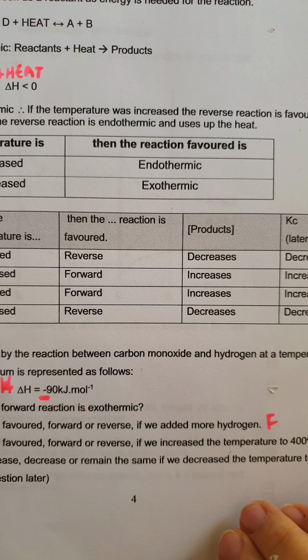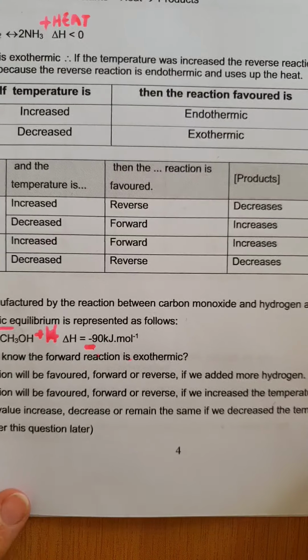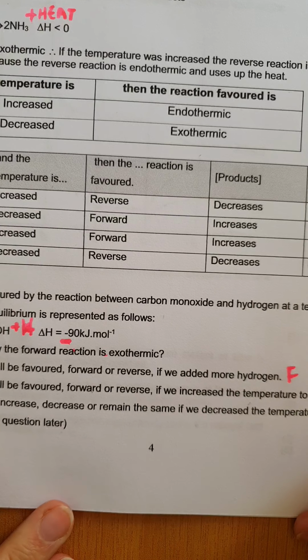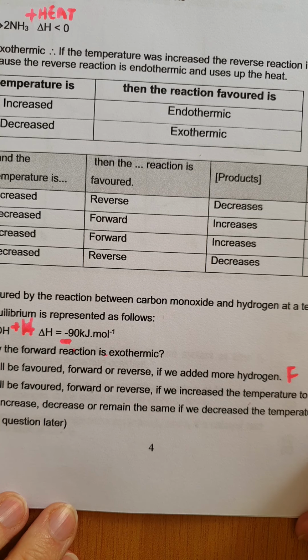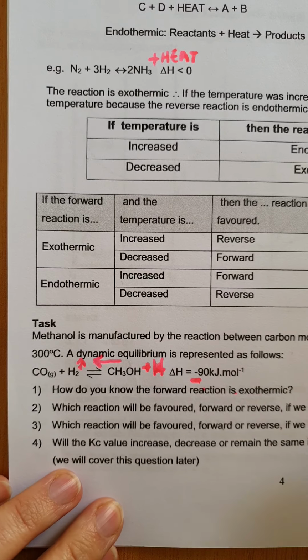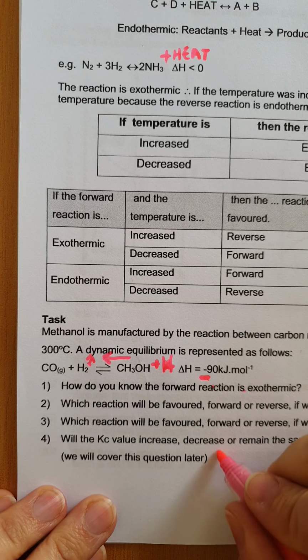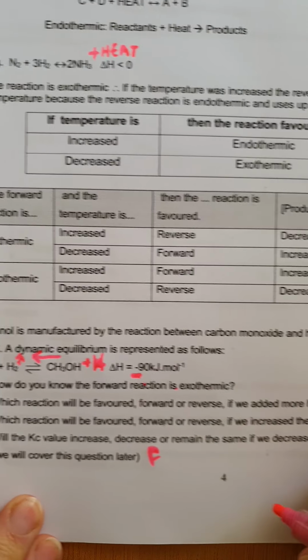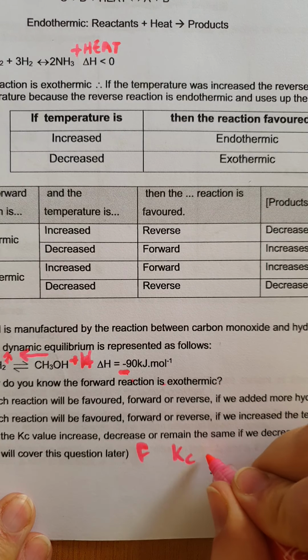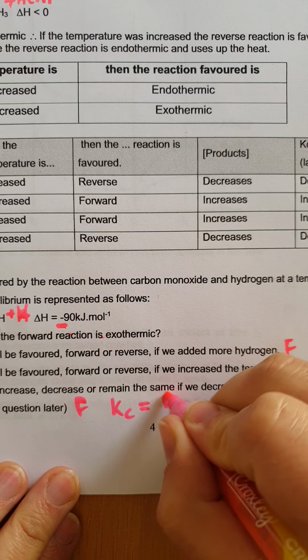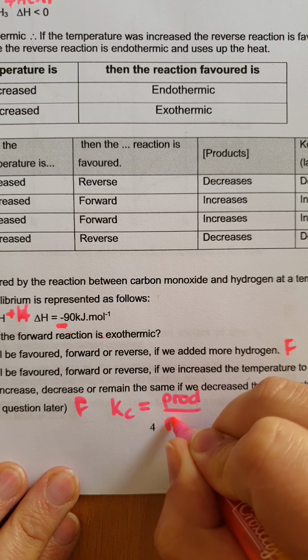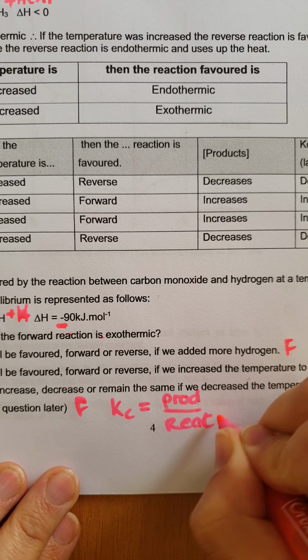Don't worry about the Kc value about this. I suppose we can do it because we have done it, so let's just do it. Will the Kc value increase, decrease, or remain the same if the temperature decreases to 100 degrees? If we decrease it, the forward reaction is going to be favored. Now if we think about the Kc value, remember the Kc is your product over reactant.